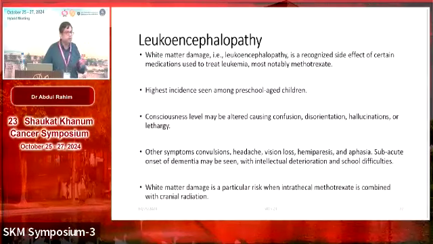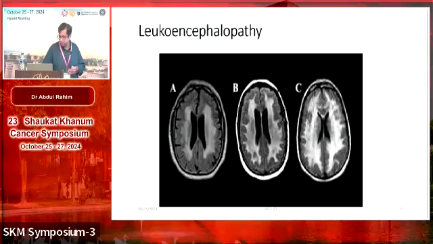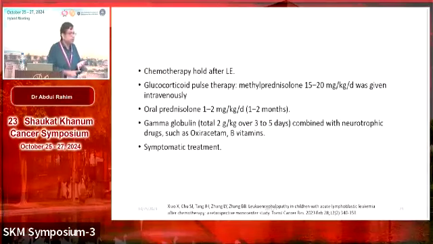A very important culprit for this leukoencephalopathy is IT MTX. IT MTX is a most commonly used drug and it causes leukoencephalopathy. This is how an MRI of leukoencephalopathy with significant white matter changes would look. Chemotherapy is the culprit, so we have to hold that chemotherapy.